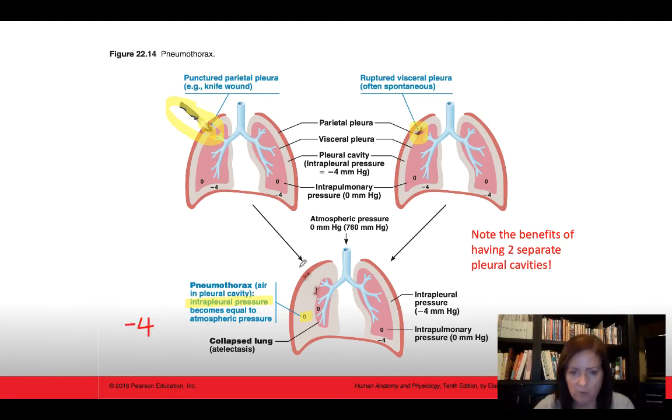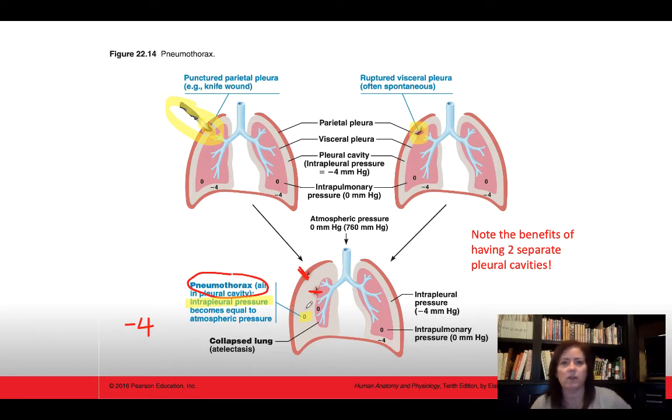If we have something where we've pierced through here and we've even pierced through here, now we've got pressure equalizing. There's no way we can maintain that negative pressure. So this creates a scenario where we have what's called a pneumothorax, or air gets in this pleural cavity.